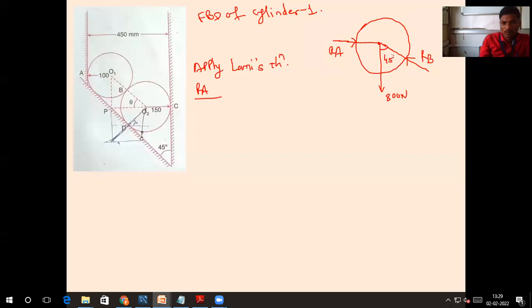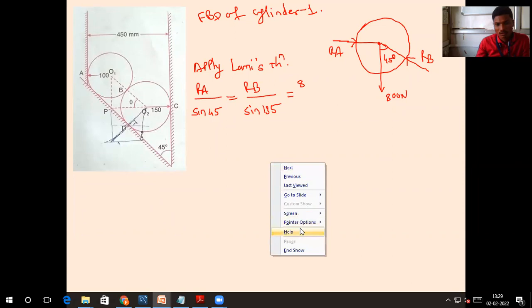See how we found it. It is 45. So RA over the sine of the angle between the other two. How much is it? Sine 45. Yes, sir. RB divided by the angle between the other two, sine 135. Then 800. Sorry, not 135. RB here 90. It will come 90.